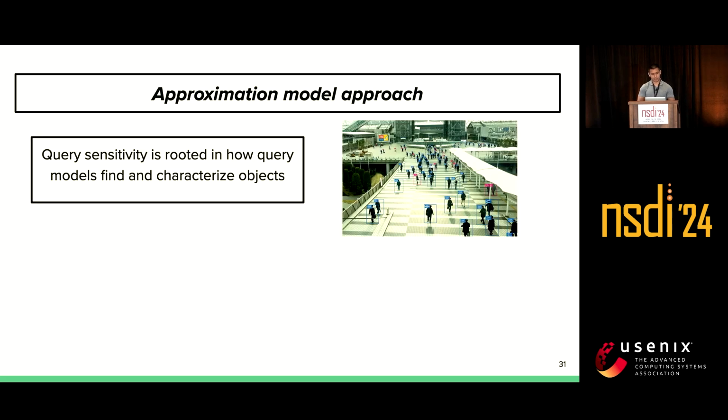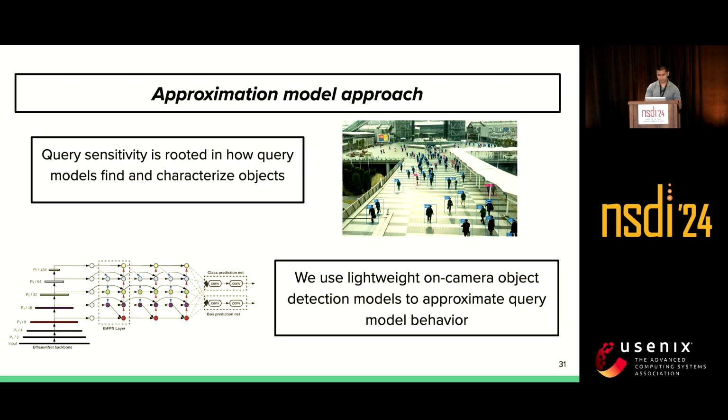So we first make the observation that query sensitivity is deeply rooted in how query models find and characterize objects, rather than how the queries post-process the results. Thus, we make use of a lightweight on-camera object detection model to capture this behavior. In other words, we want these object detection models to approximate the query model behaviors.